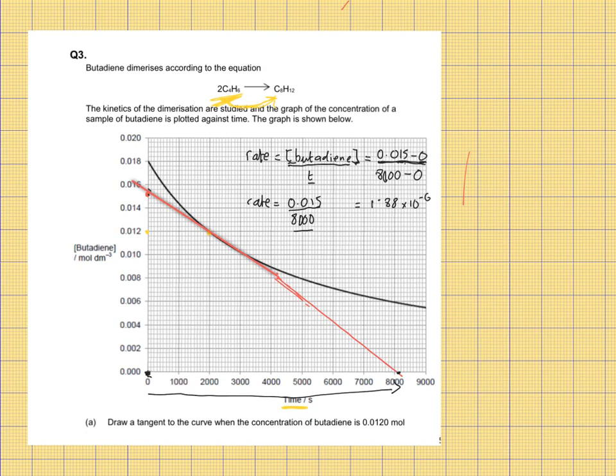So it's the gradient of this triangle here. The units for rate, because concentration is moles per dm cubed, it's going to be moles per dm cubed on the top, and seconds here. So the units of rate are moles per dm cubed per second.